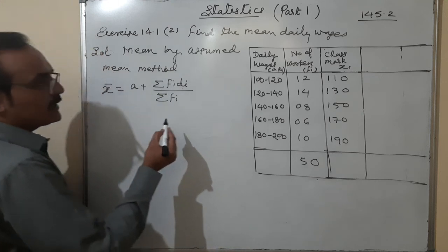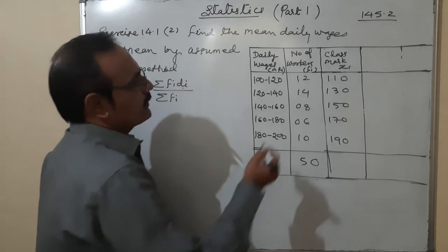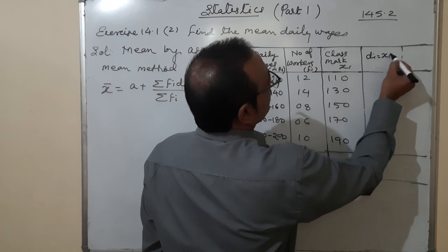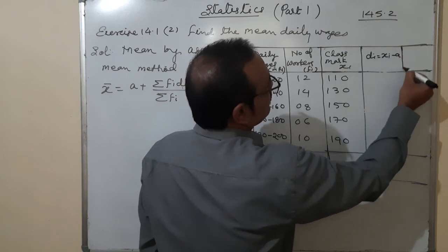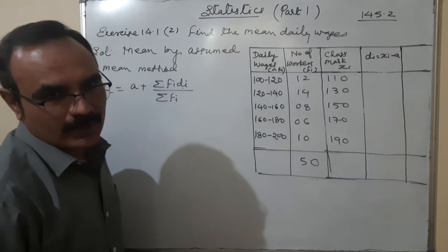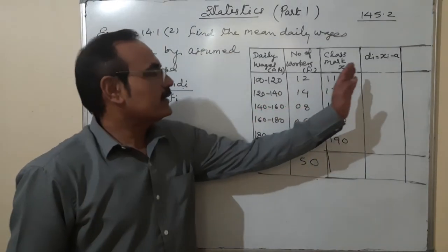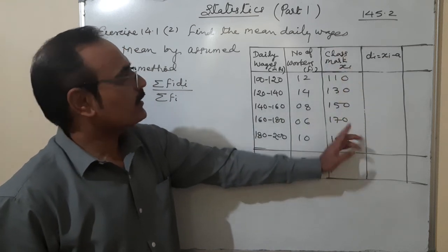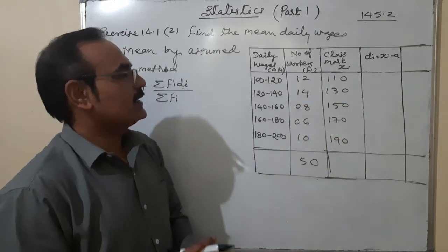Actually, the meaning of di is deviation. So di is equal to xi minus a. Deviation, and deviation from which? From xi.